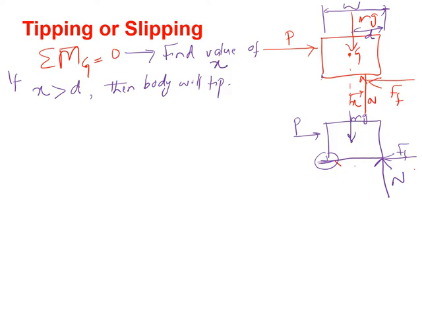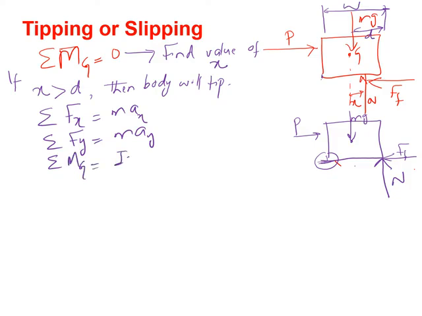Now when you identify that the rigid body is in the condition of tipping, you have to apply the following conditions. That is, sum of forces in x direction equal to m a_x, sum of forces in y direction equal to m a_y, sum of the moment about point G equal to I_G alpha, and for the case of curvilinear motion, the tangential acceleration will be equal to alpha times r.